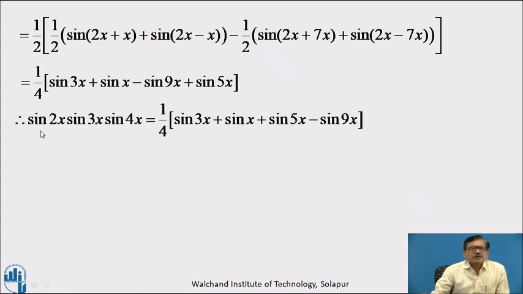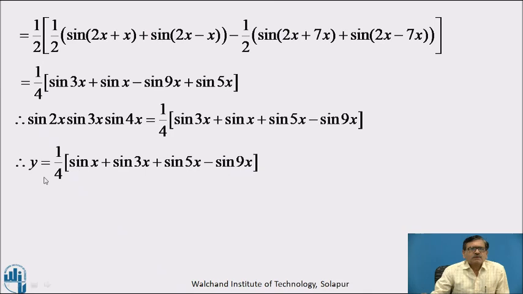Therefore sin 2x into sin 3x into sin 4x is equal to 1 by 4 into bracket sin 3x plus sin x plus sin 5x minus sin 9x. This was the simplification of sin 2x into sin 3x into sin 4x.